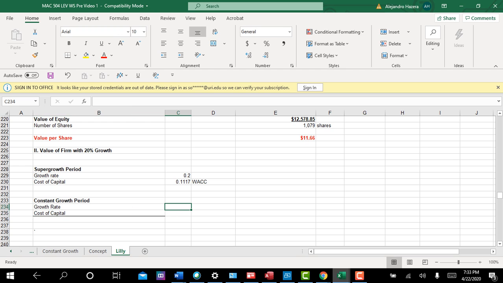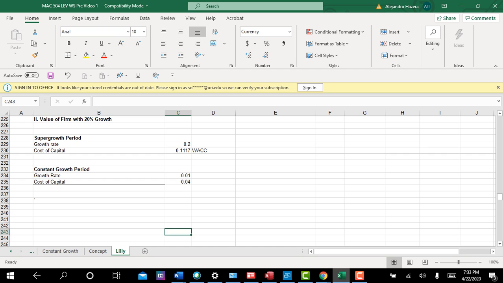Let's assume the growth rate, since it's constant growth, is 0.01, 1%. That line is just a border, so that doesn't matter. Let's assume a cost of capital of 4%. I'll leave 3% between those two things because it gets the price down a little bit.